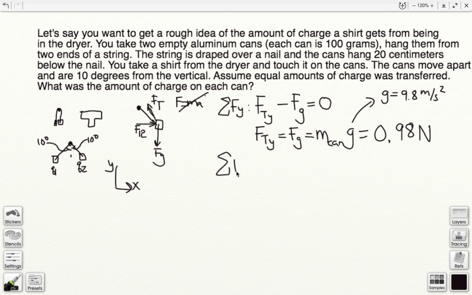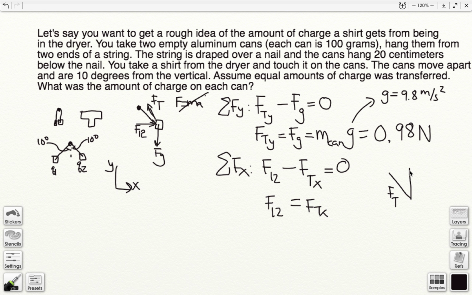Okay, so now in the x direction, we have the force of can 1 on 2, F12, minus the tension force, which is in the negative x direction, so minus Ftx, is equal to 0. So the electric repulsion force, F12, is equal to my tension force in the x direction. I can find this from trig. Here's my Ft, and I already know that in the y direction it's 0.98. I'm trying to find Ftx.